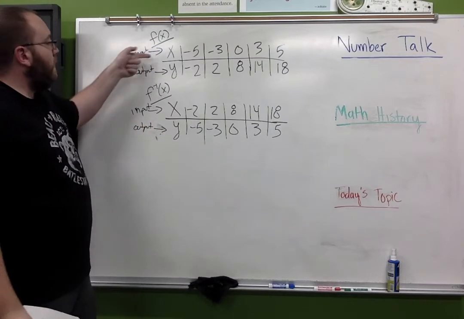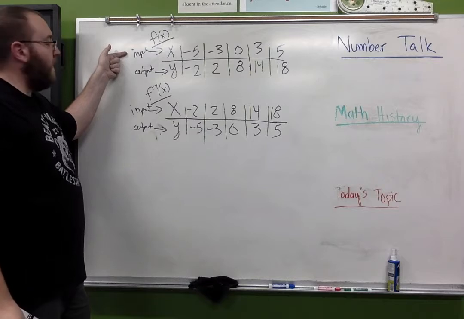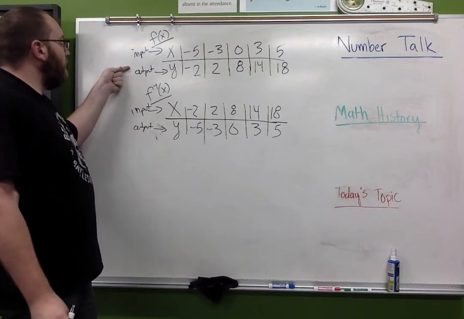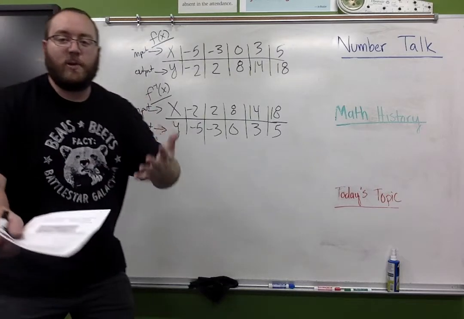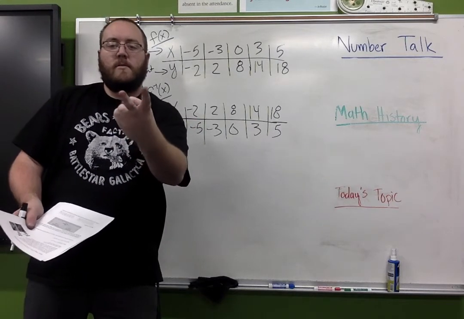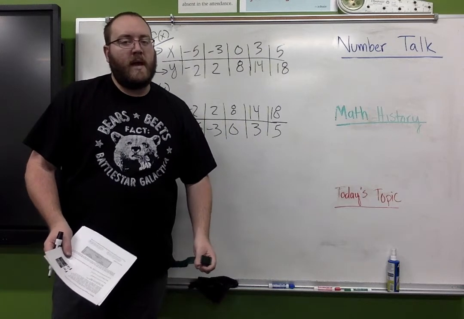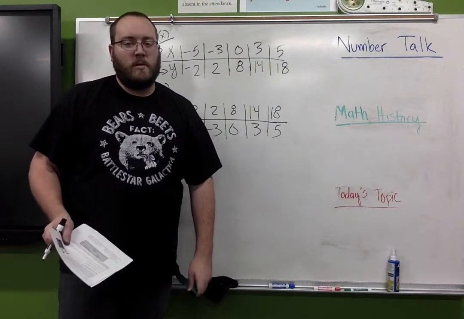The input variable to the inverse function switched to the output. And the output variable switched to the input. Essentially what happened is the x and y values switched. Okay? The domain switched with the range.